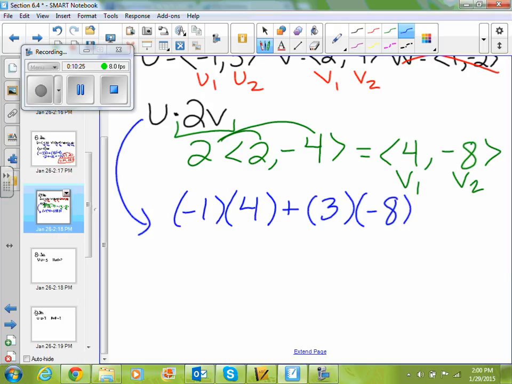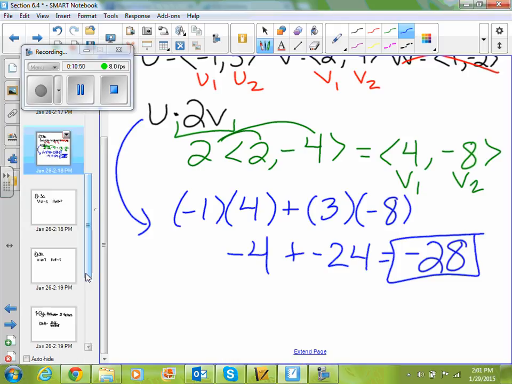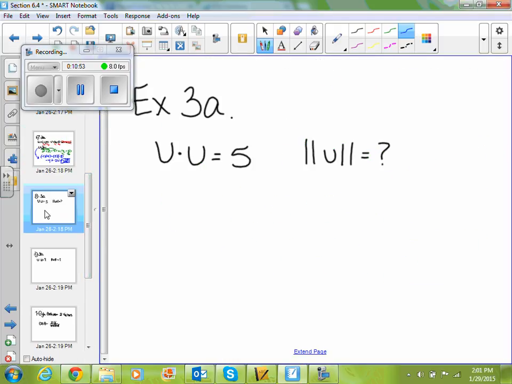Okay, well, negative 1 times 4 is negative 4. 3 times negative 8 is negative 24. And negative 4 plus negative 24 is negative 28. Okay, so that's all dot product.